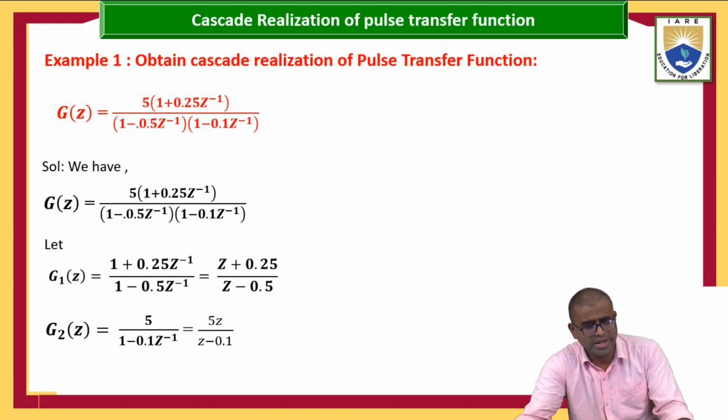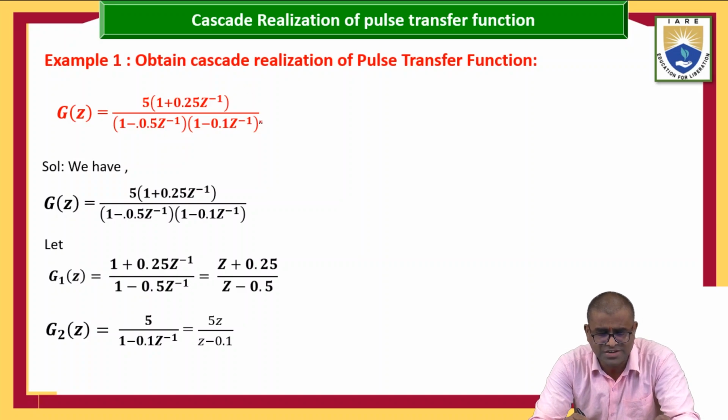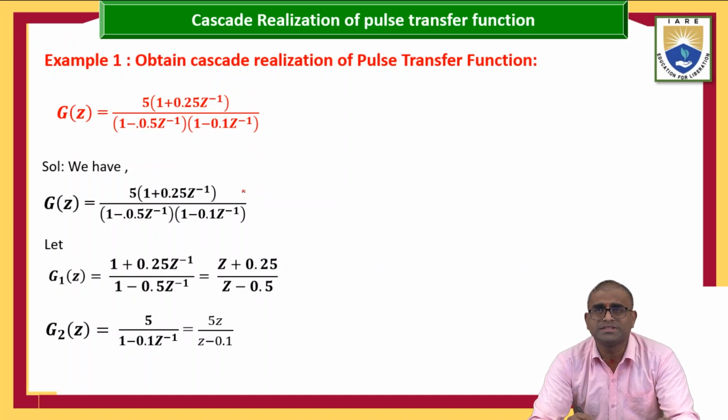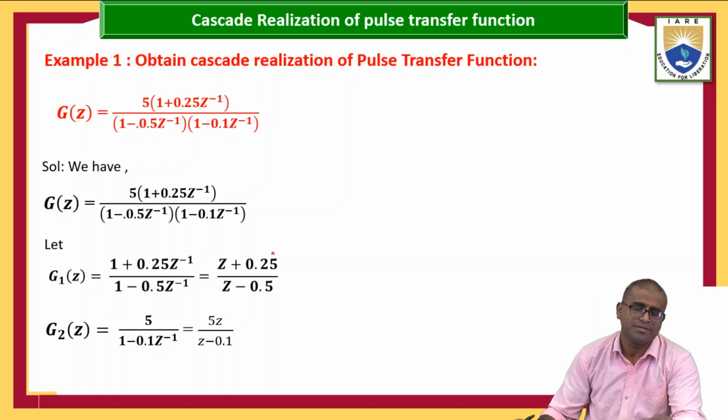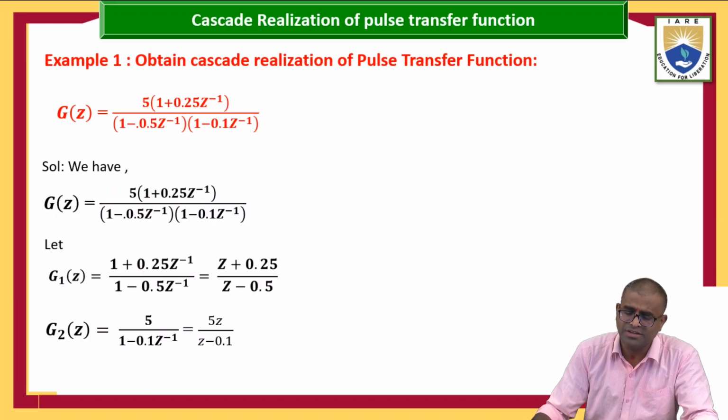Always remember, when drawing the pulse transfer functions, the numerator and denominator are with respect to z only. In the given problem it is z inverse.